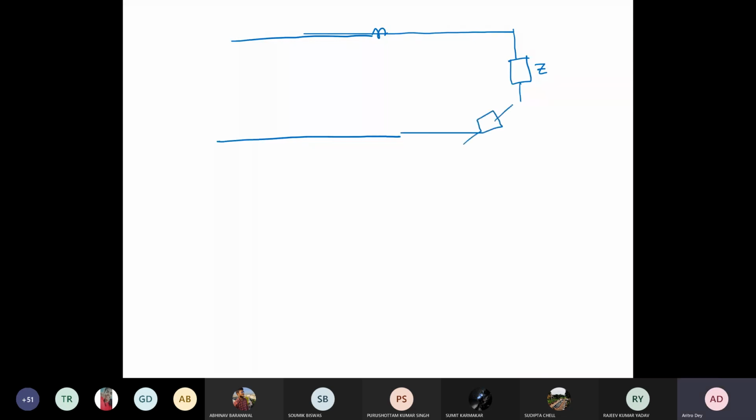We are using balanced load, then only we can do this. Otherwise we should use the 3 wattmeter method. Only for the balanced load you can do this.